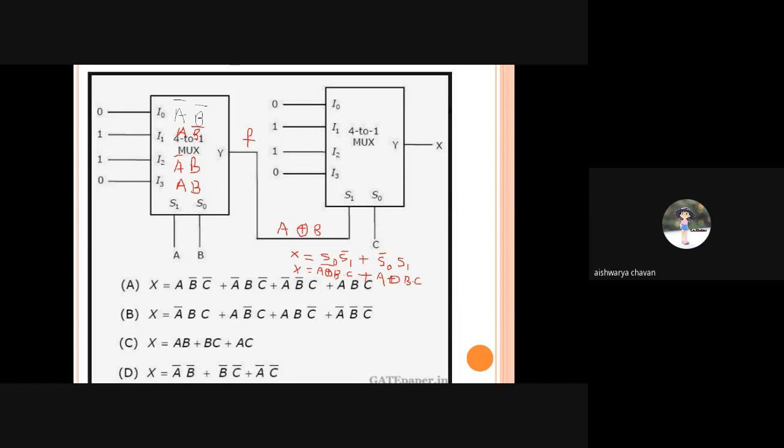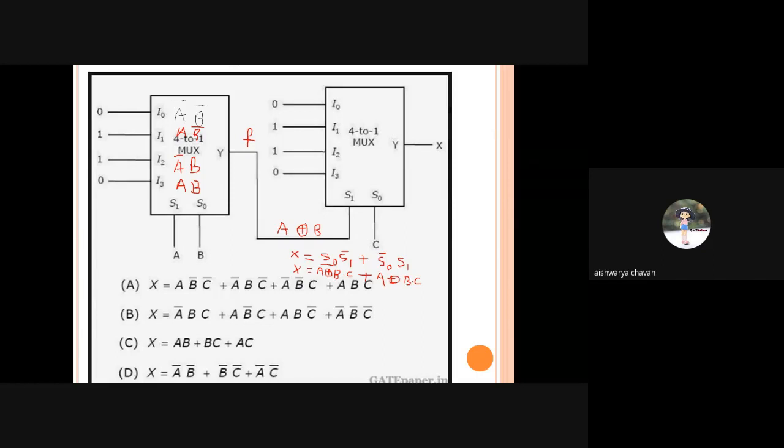In terms of S1 and S0, X equals S0 S1 bar plus S0 bar S1. These are present at the output.